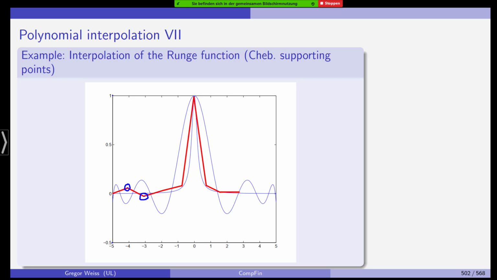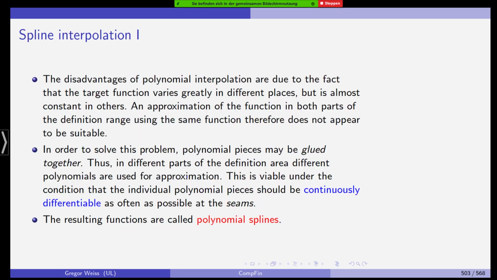Ich verlange, dass diese Polynome so zueinander gestückelt werden, dass sie dann an den Nahtstellen stetig und einmal, vielleicht sogar zweimal oder noch mehrmals stetig differenzierbar sind. Und das, was dann resultiert, nennt man einen polynomialen Spline. Und das sieht dann möglicherweise so aus. Okay, jetzt habe ich hier eine Knickstelle drin, das müssen wir ein bisschen glatter machen. Dann könnte das so aussehen und ich bekomme plötzlich eine Spline-Funktion.